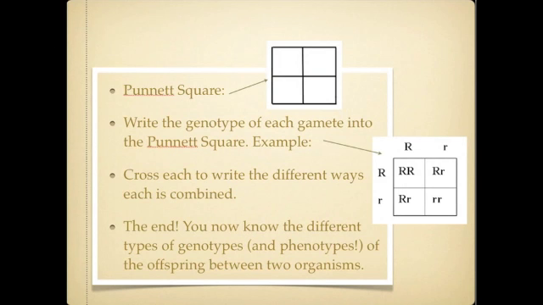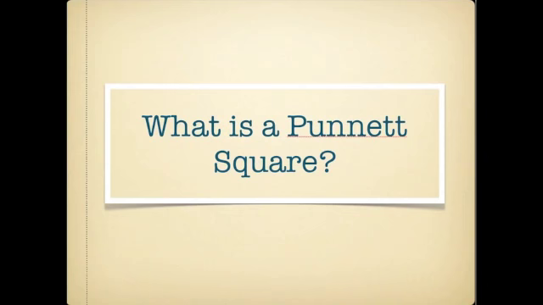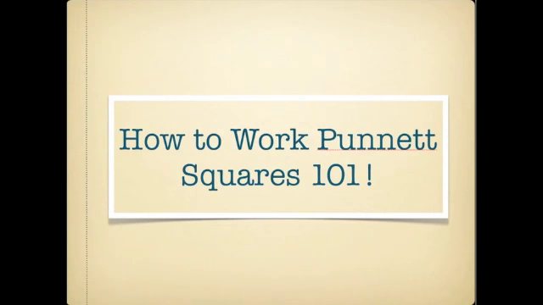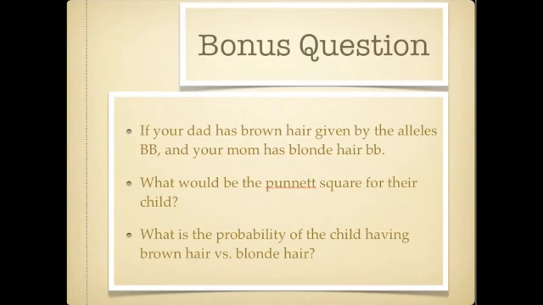So once again, we looked at what a Punnett square is exactly and how you work it. If you need more help, go through this once again. Then you can go on to the bonus question.